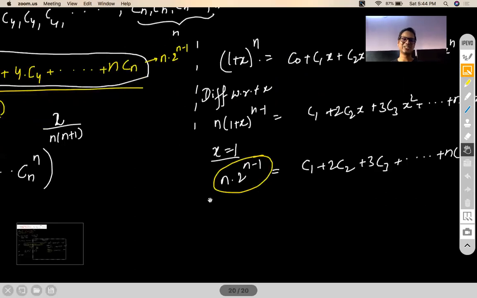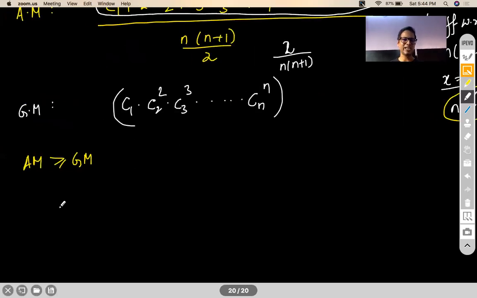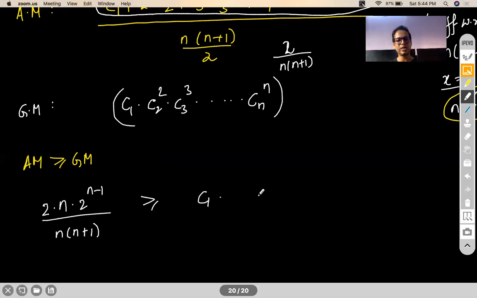Okay, so let's use that result. So n into 2 to the power n minus 1 upon n plus 1 by 2. So 2 will go up. This will be greater than or equal to C1 C2 square C3 cube up to Cn to the power n, whole to the power 2 by n plus 1.